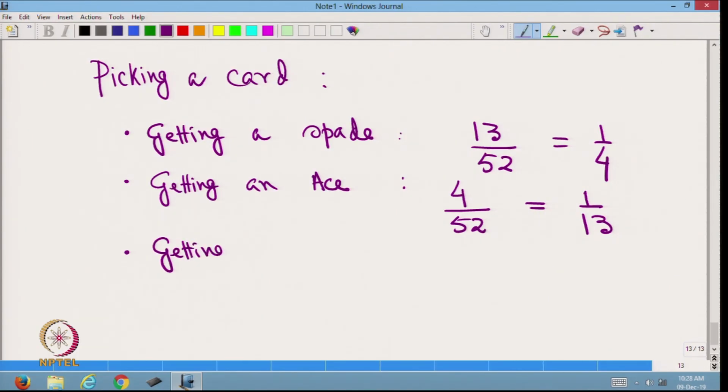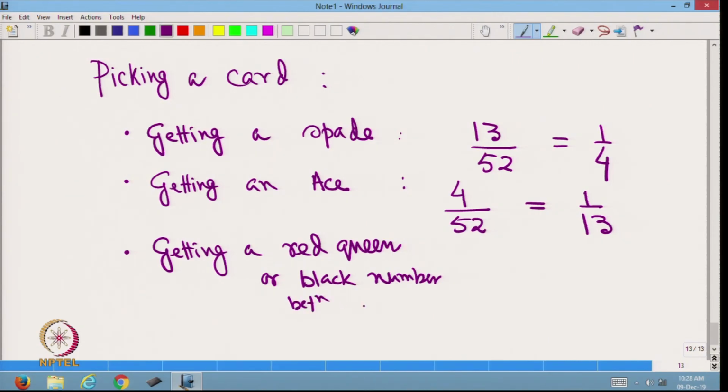Getting a red queen or a black number between 2 to 10.